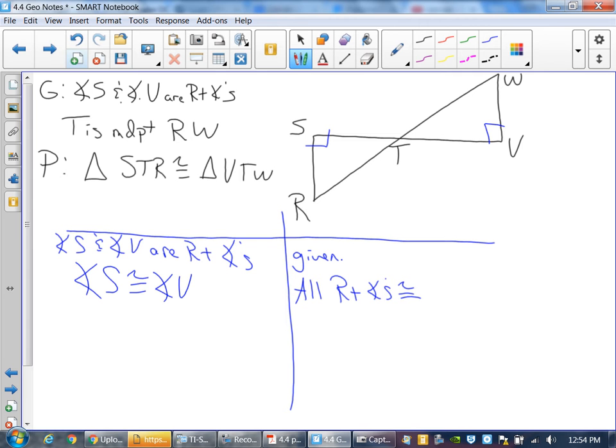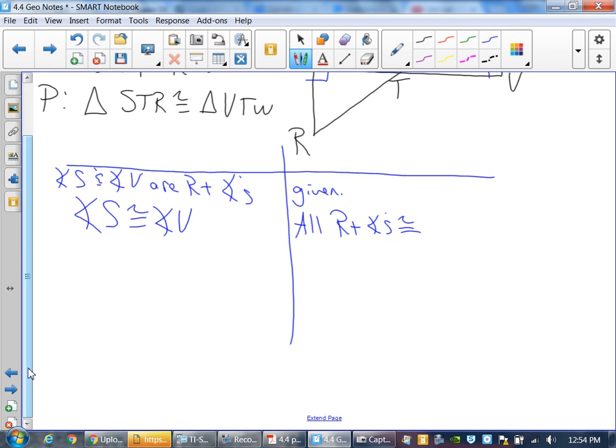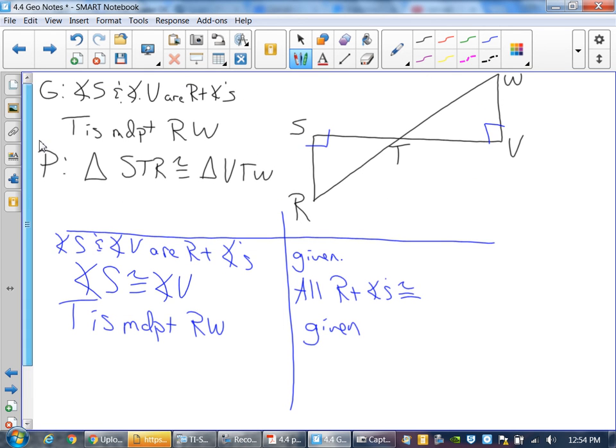Have you written down everything you can from that one to the other? Yeah. Go to the next one. T is the midpoint of RW. So if that's the midpoint of RW, what do I do to my diagram?